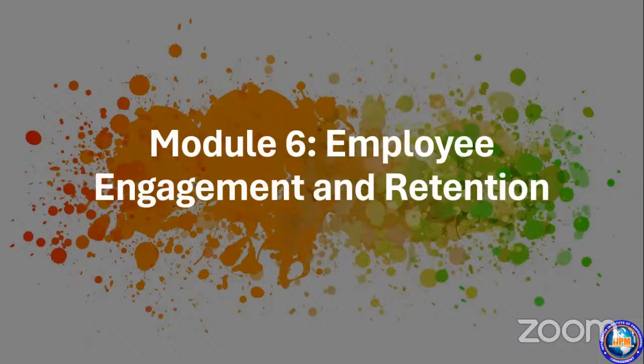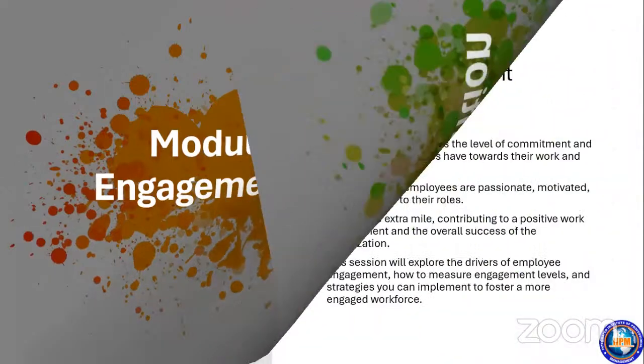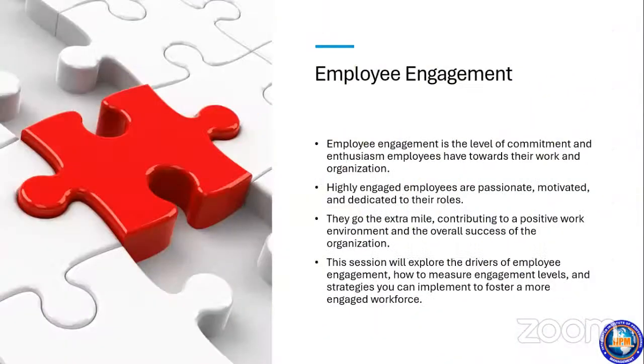So let's talk about module 6. We've been making progress in this class. Module 6 is on employee engagement and retention. Remember we said you have to attract. Number 2, you have to develop. Number 3, you have to retain.